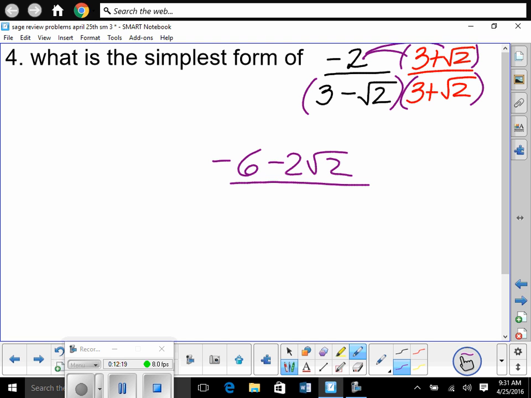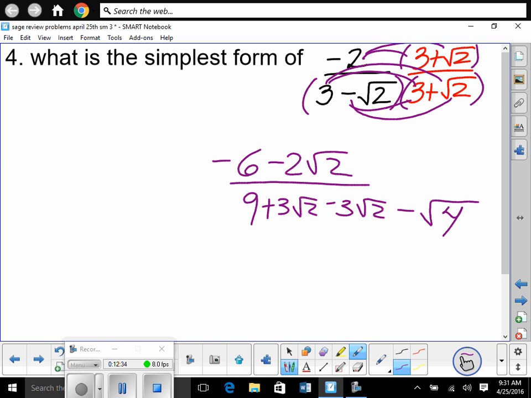So now on bottom, if we multiply this out, that'll be 9 plus 3 square roots of 2 minus 3 square roots of 2, and then minus the square root of 4. Is everybody comfortable with that? So on top we have negative 6 minus 2 square roots of 2, and on bottom we have 9.